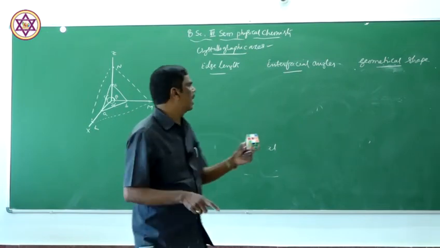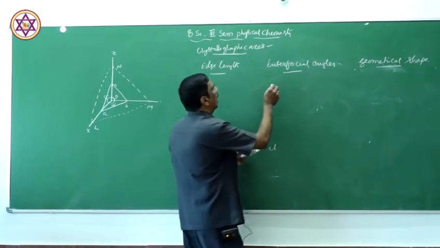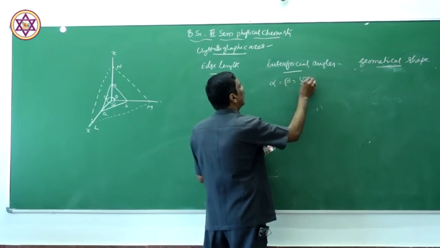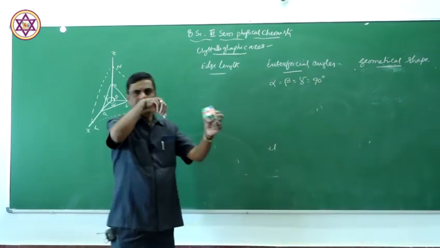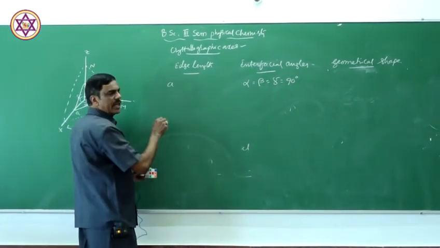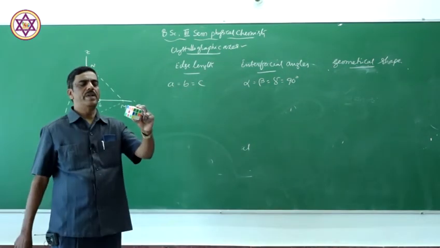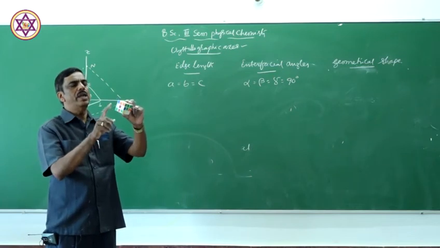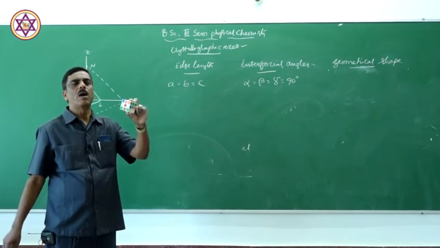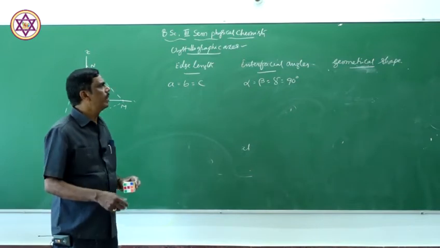Edge lengths A, B, C and interfacial angles alpha, beta and gamma. Alpha is equal to beta is equal to gamma is equal to 90 degree in case of a cubic crystal, whereas edge lengths A is equal to B is equal to C. Similarly, interfacial angles alpha, beta and gamma all are equal and equal to 90 degree.